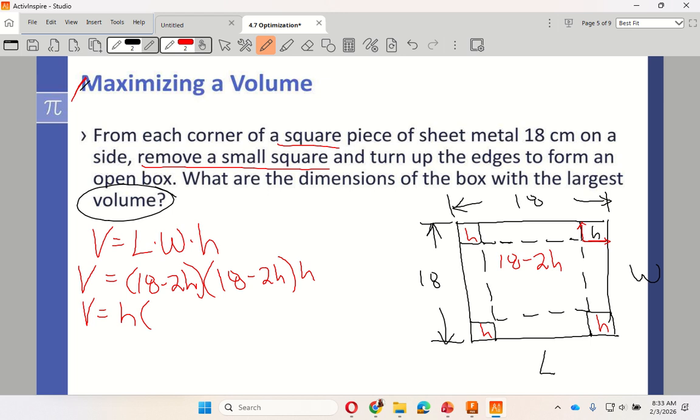This guy says 324. Yeah. So 324 minus 16h plus 4h squared.